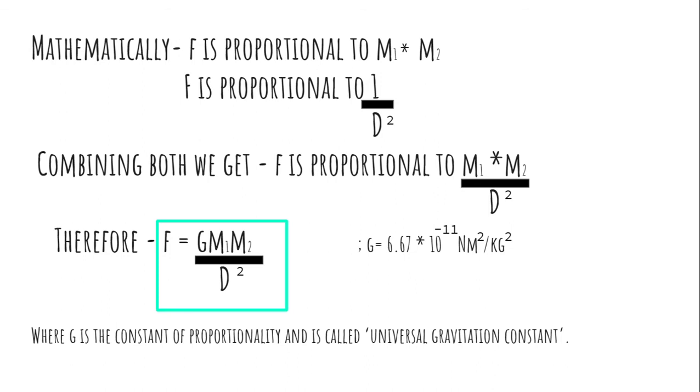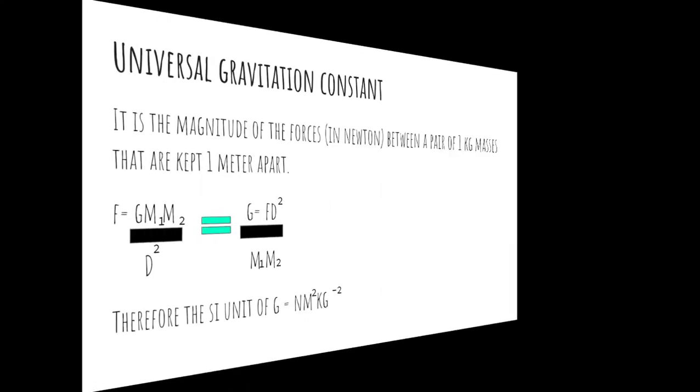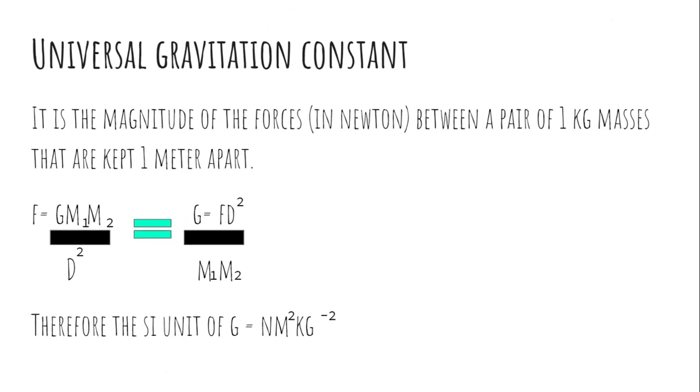Therefore, we can say F is equal to G m1 m2 by d squared, where G is the constant of proportionality and is called the universal gravitation constant. Now, what is the universal gravitation constant? It is the magnitude of the force in Newtons between a pair of 1 kg masses that are kept 1 meter apart.